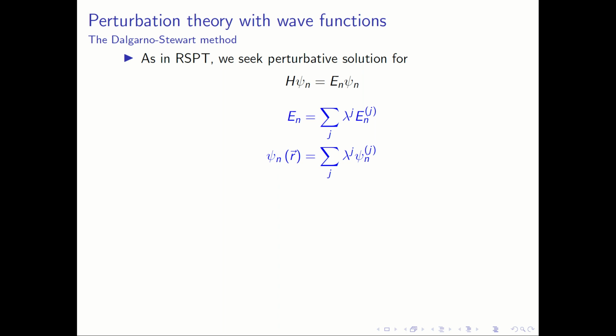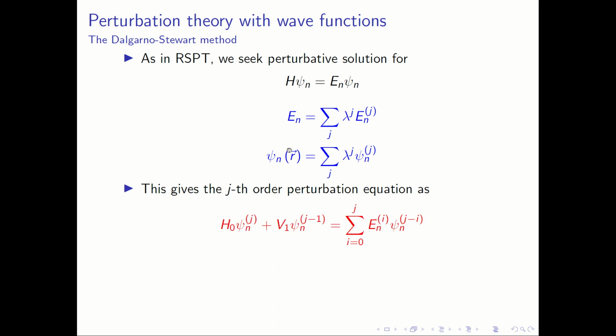So En0 was the unperturbed energy eigenvalue, and En1, En2, En3 will be first, second, third order corrections. A similar notation works for the wave function: psi n of r is expanded in powers of lambda, so psi n0 is the unperturbed wave function, and psi n1, psi n2, psi n3 are the higher order corrections.